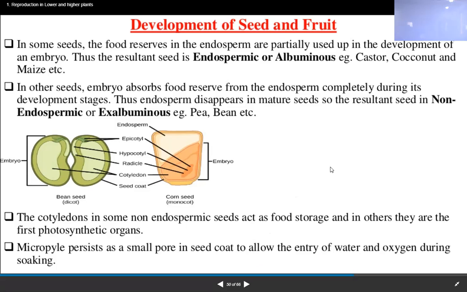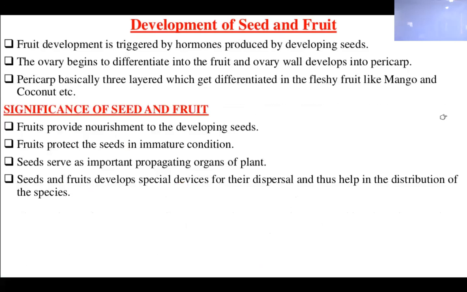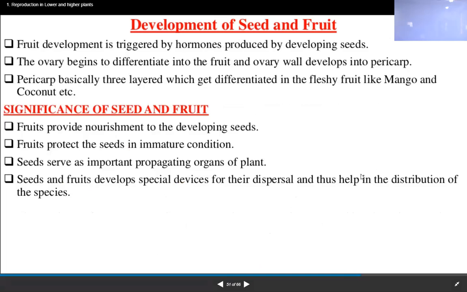So, development of seed and fruit development is triggered by hormones produced by the developing seed. Yes, some internal factors are also responsible for fruit development, and these are nothing but plant growth regulators. Plant growth regulators are also called hormones.